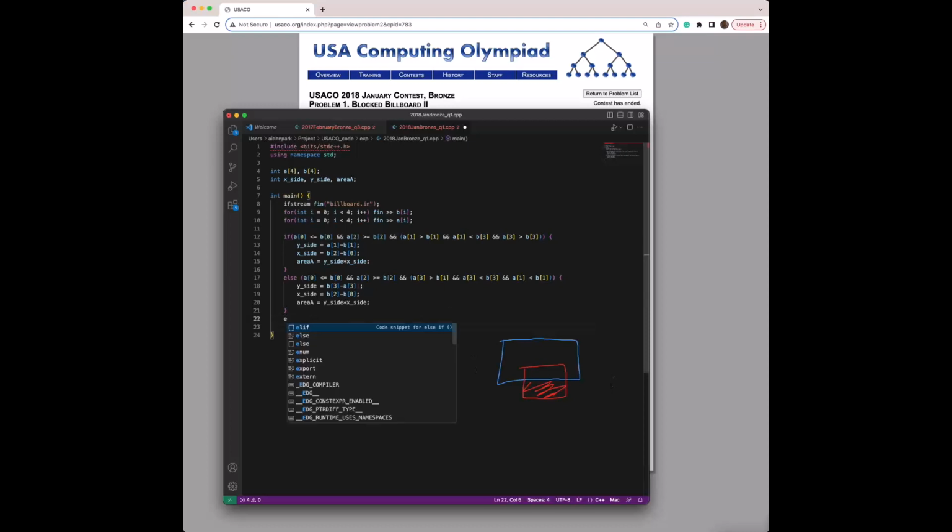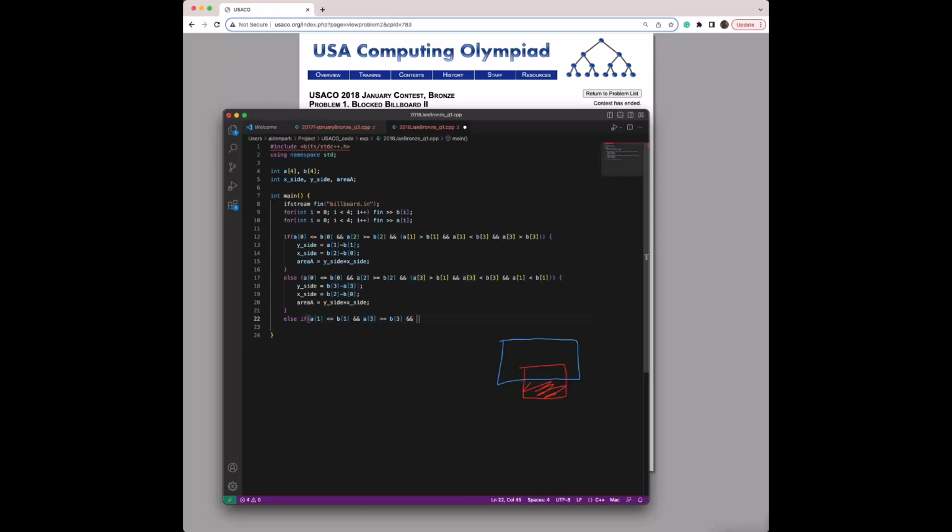So now we're going to go into when the y is overlapping. So first we'll check, so this is just checking if the lower coordinate of the good one is less than the lower coordinate of the bad one, and if the upper coordinate of the good one is greater than that of the bad one.